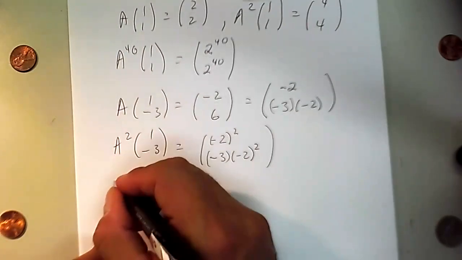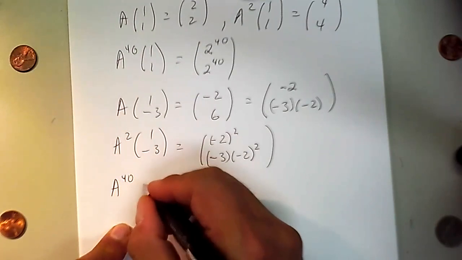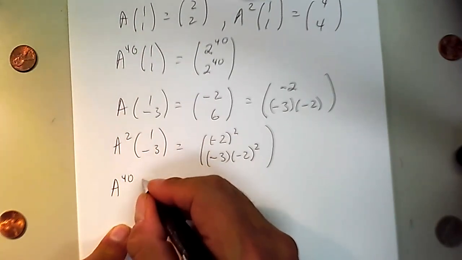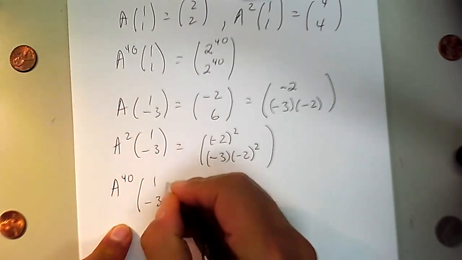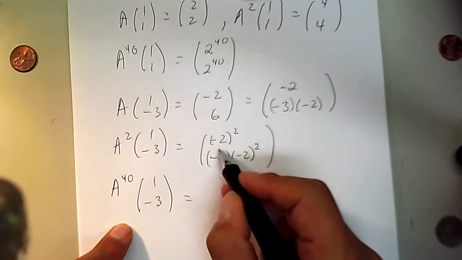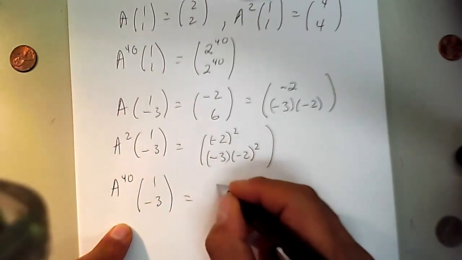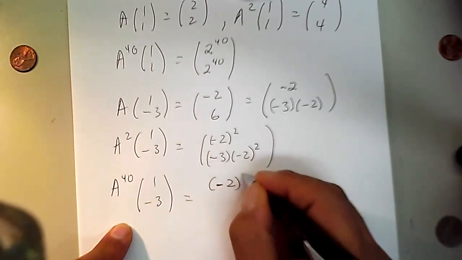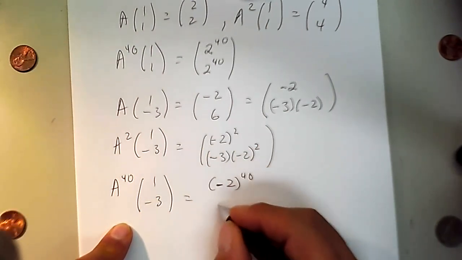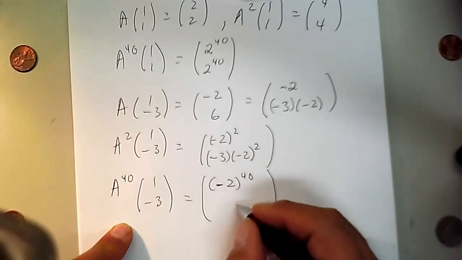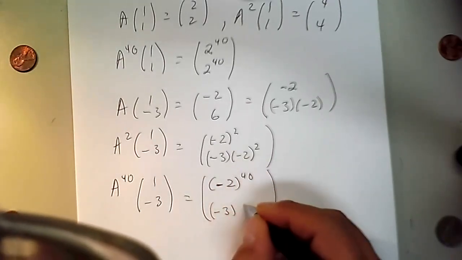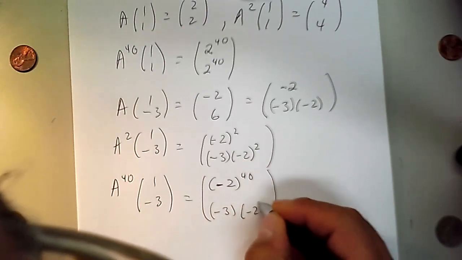So if we have A to the 40, that's going to be 1, negative 3. Let's think about this. Negative 2 to the 40, and the other coordinate will be negative 3, which is the original vector, times negative 2 to the 40.